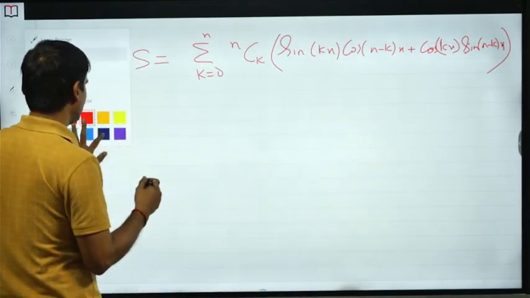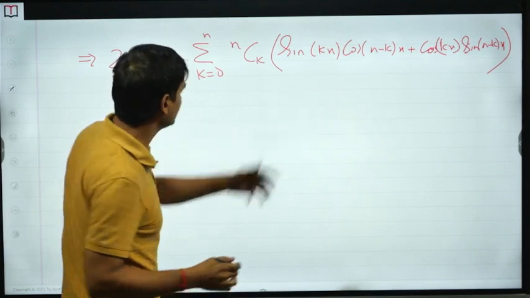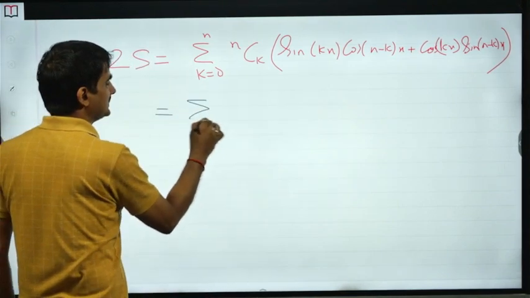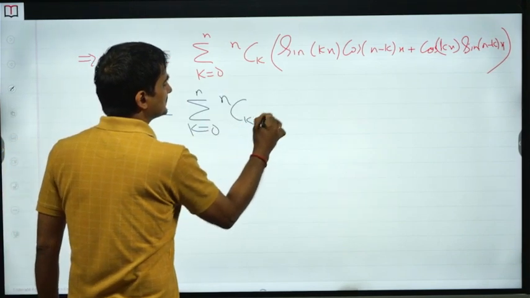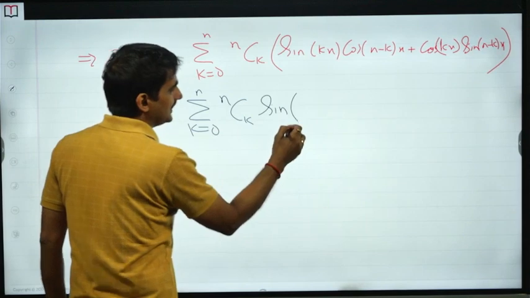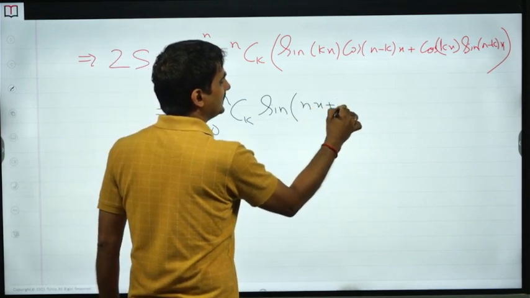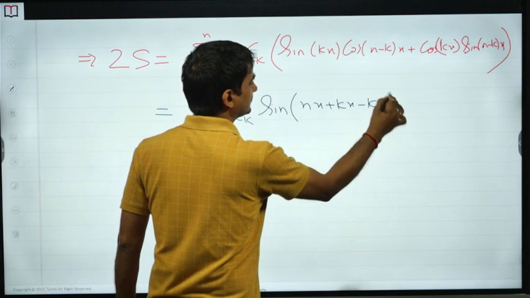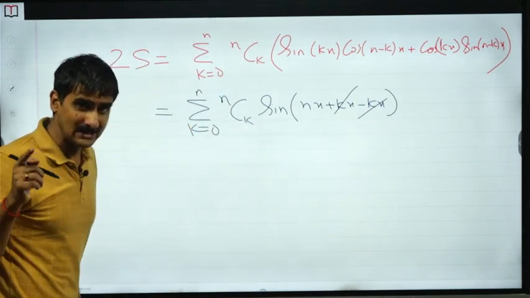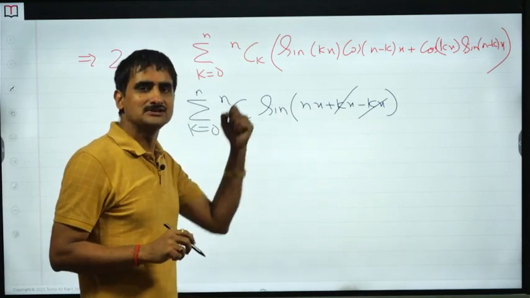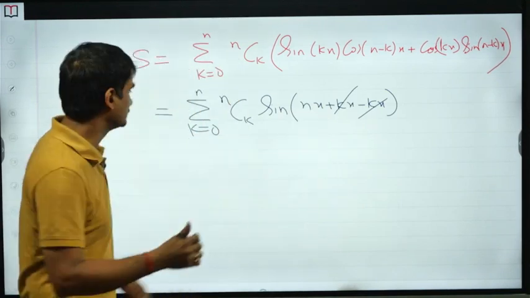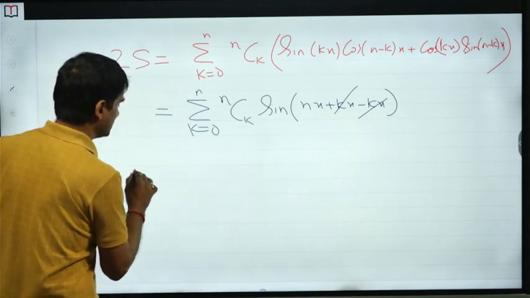All of us know that's the identity sin a cos b plus cos a sin b. So I write it as summation k goes from 0 to n, nCk sine of (a plus b), and x plus kx minus kx, so that gets cancelled. Now sine nx, there's no variable of summation involved, there's no k here, so that's as good as a constant.